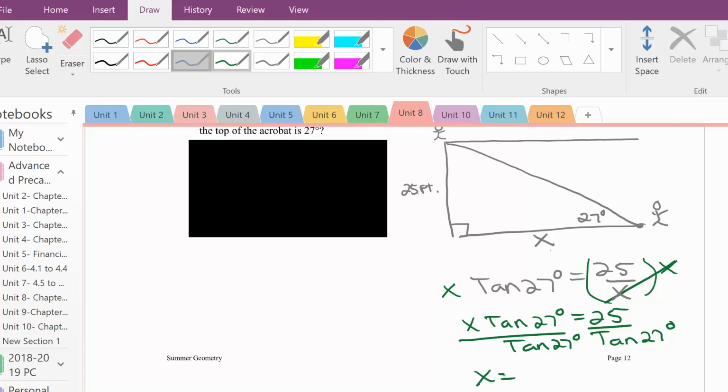So when you type that in your calculator, you get 49.1 feet. So that's how far away it is.